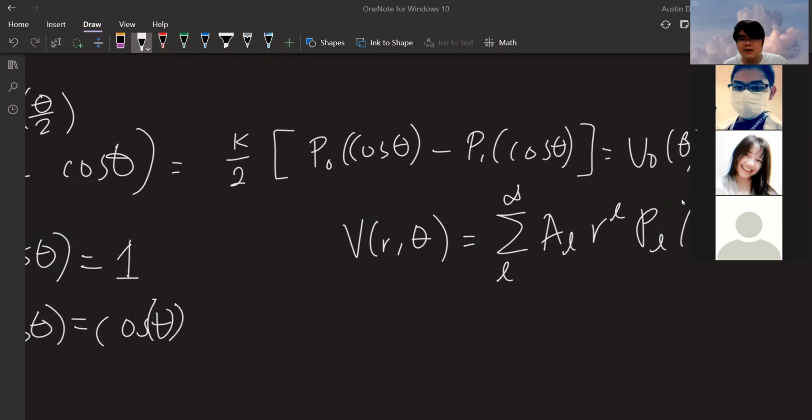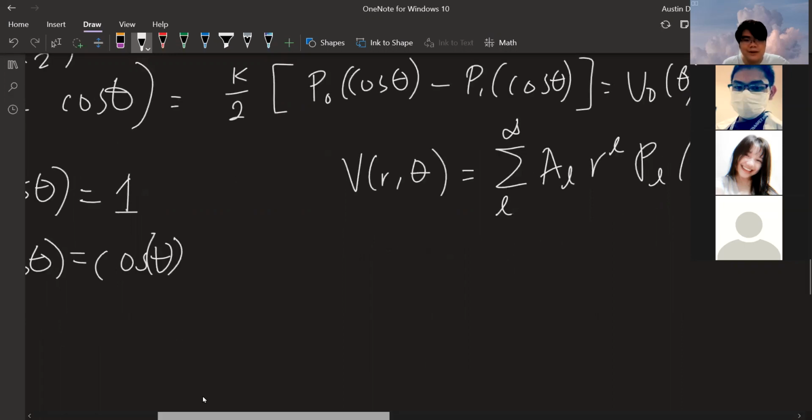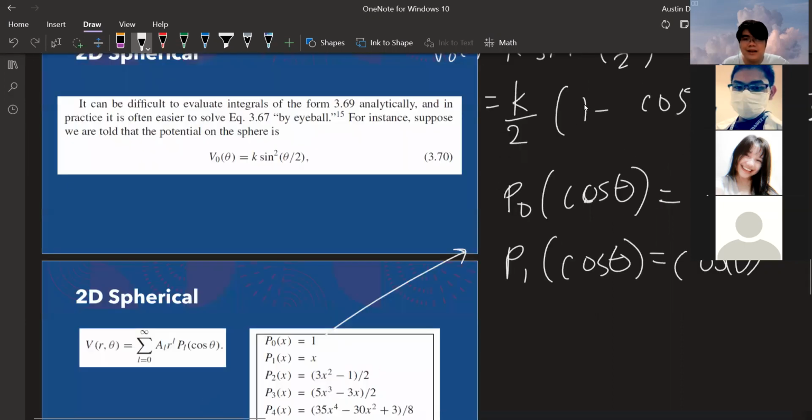Sir, arbitrary lang po ba na pinili natin yung P0 at P1? No, hindi siya arbitrary. Si 1 kasi lagi siyang P0. Okay? Tama dito? Kahit anong plug-in mo sa X, makukuha mo na sagot ay 1. So si 1 pwede mo lagi siyang i-represent as P0. Okay?